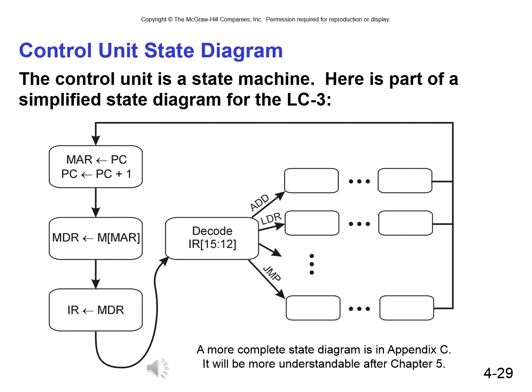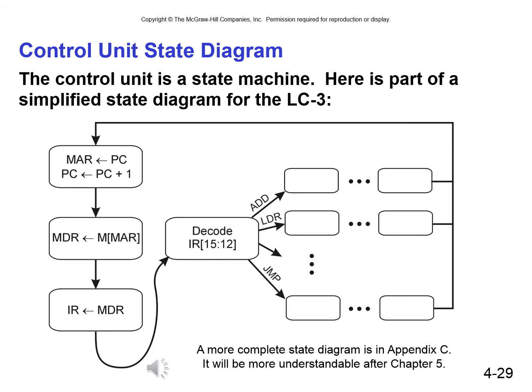Here we have a state diagram of the control unit. This is a very simplified state diagram. During fetch, the value of the program counter is loaded into the memory address register. The program counter gets incremented by 1.